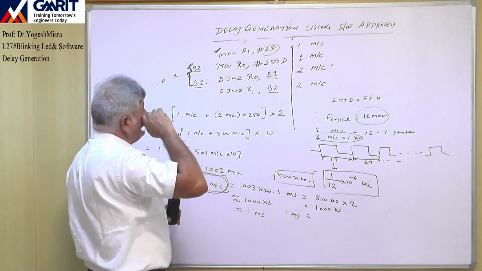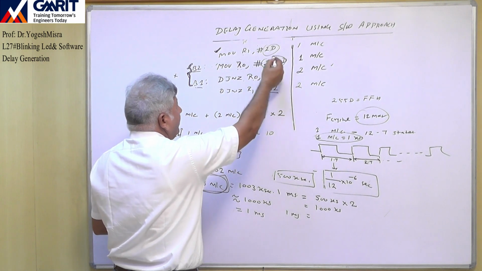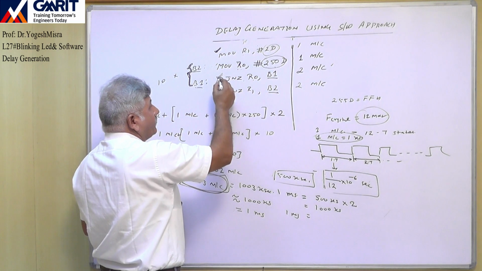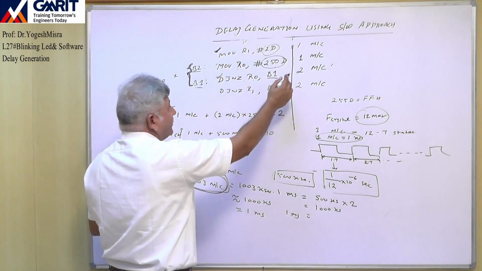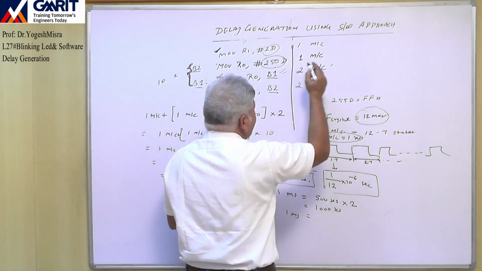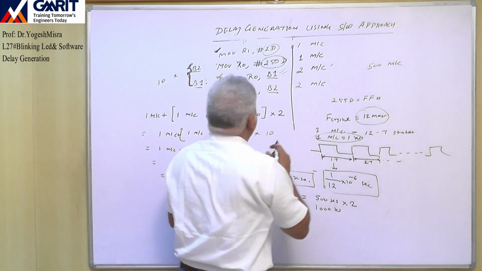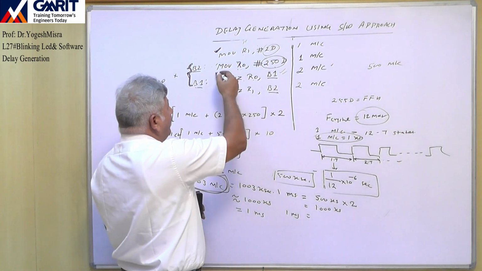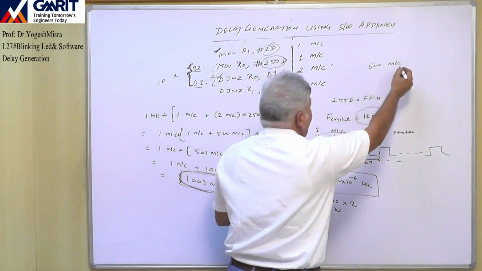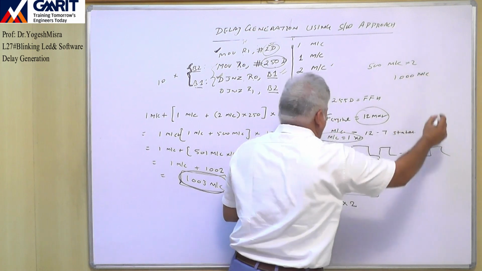So basically, if we simply say 250 times this instruction is executing, and for execution of this instruction we require 2 machine cycles, and 250 times we are executing this, so basically this instruction is giving us 500 machine cycles. And overall, these set of instructions we are repeating 2 times. So overall, multiplied by 2, it will give us 1000 machine cycles.